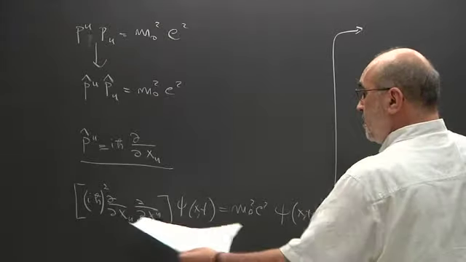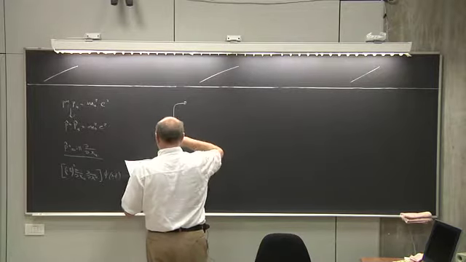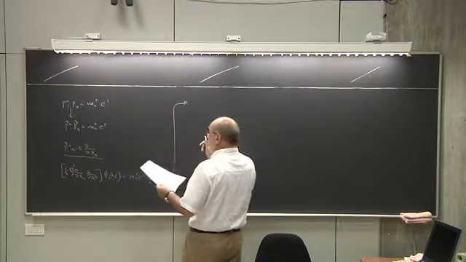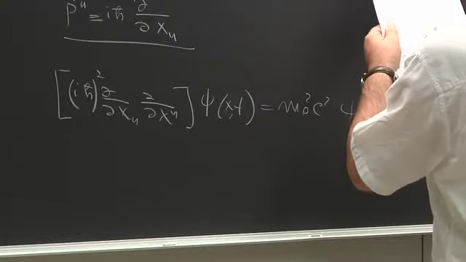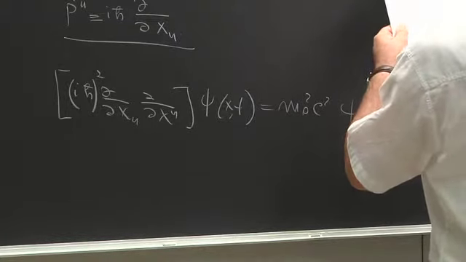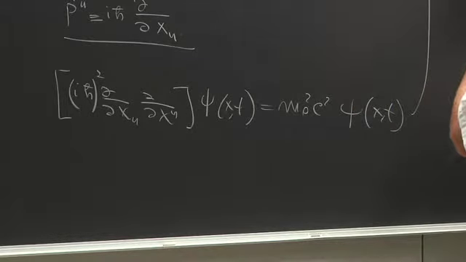So now if you work it out explicitly, keeping account of the i and the various signs, the final result is this: 1 over c squared, the second derivative with respect to t, minus the second derivative with respect to x squared.